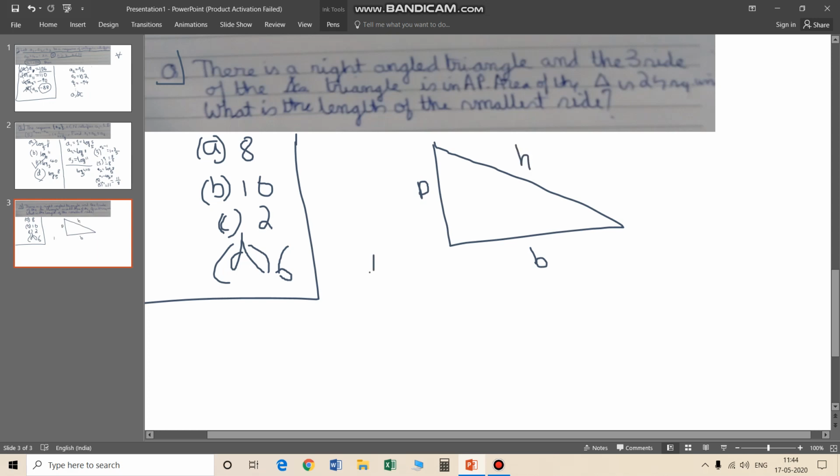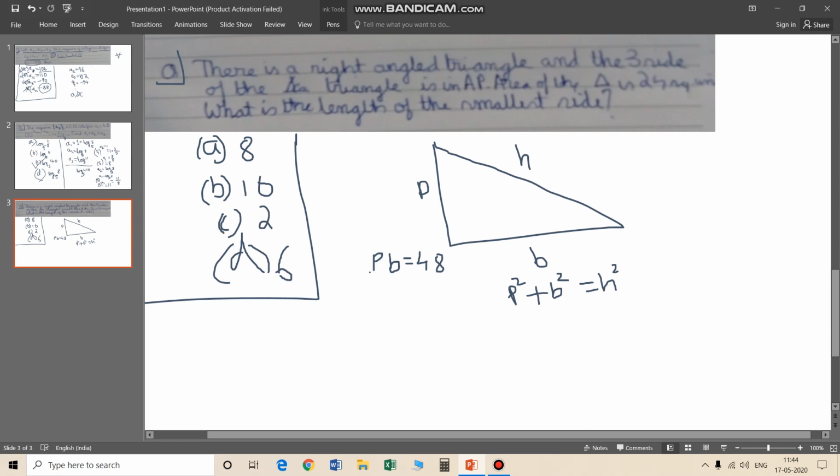Given PB is equal to 2 into 24, which is 48. PB's value is given. Using the Pythagorean theorem, P square plus B square is equal to H square.